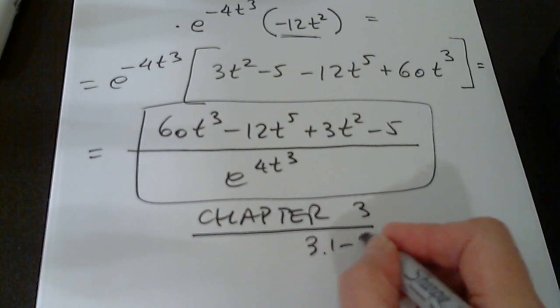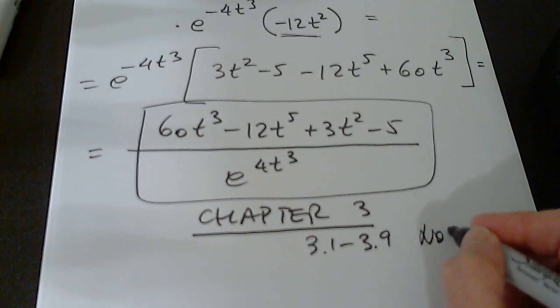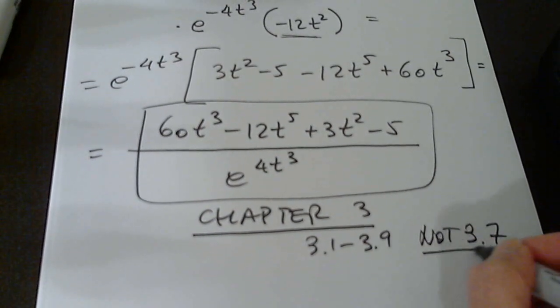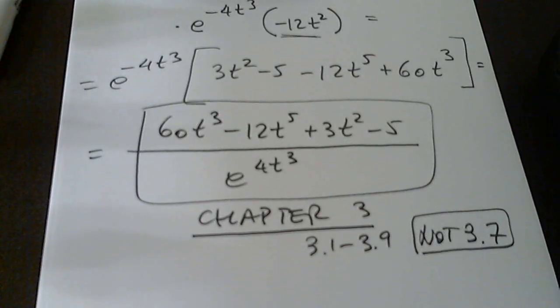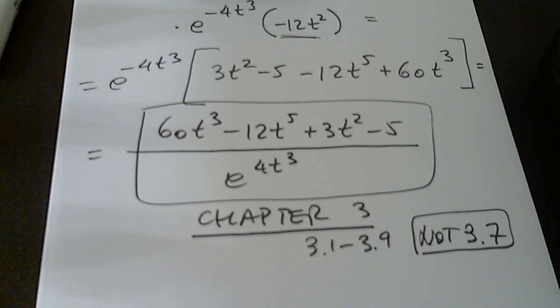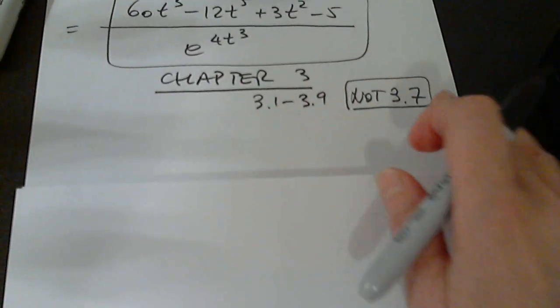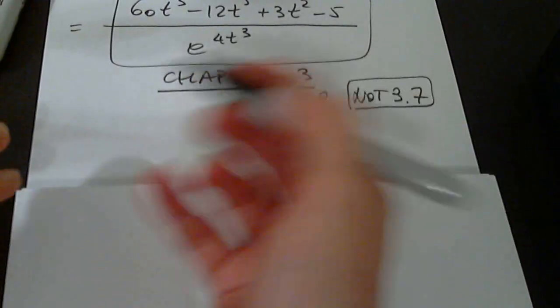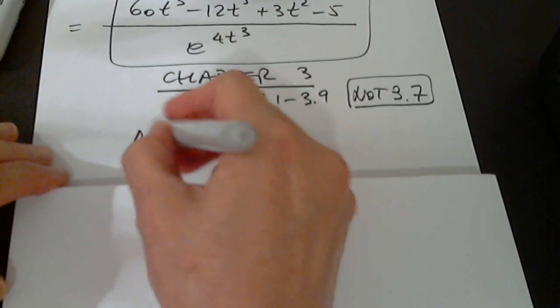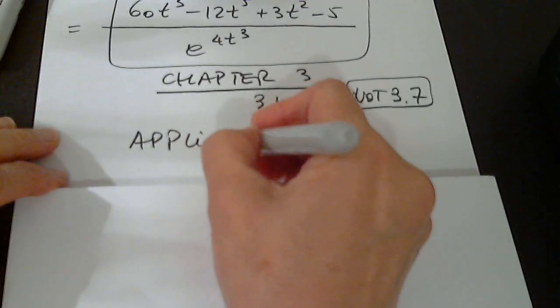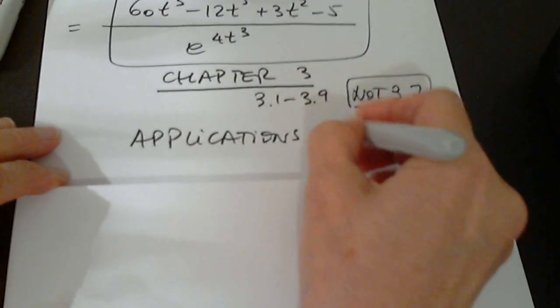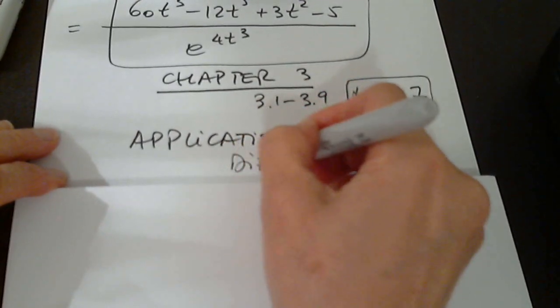So 3.1 through 3.9, not 3.7, but everything else. Okay, so I'm going to already go to the next page. The title is Applications of Differentiation.